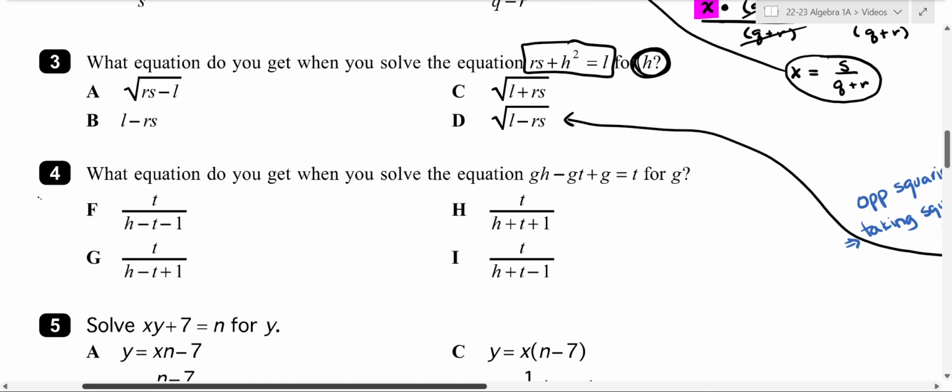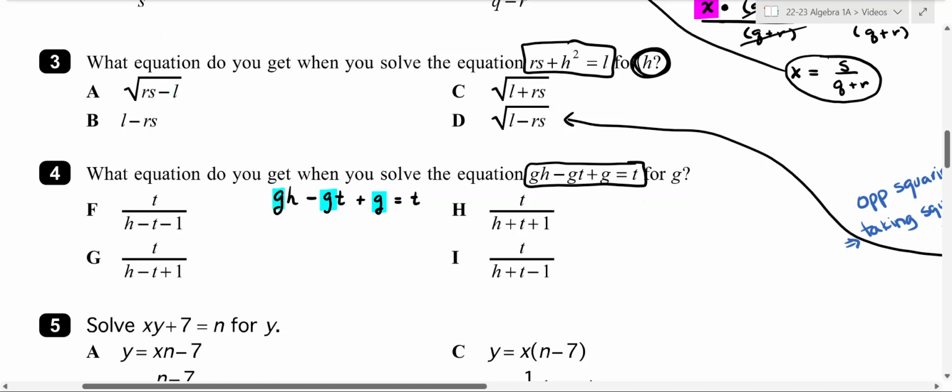Okay, number 4. What equation do you get when you solve this for G? All right, well, once again, we have G in multiple terms. We have G on this one, and on this one.